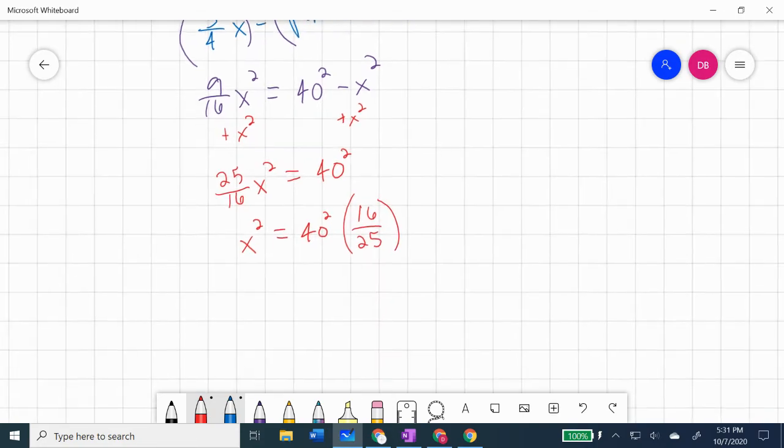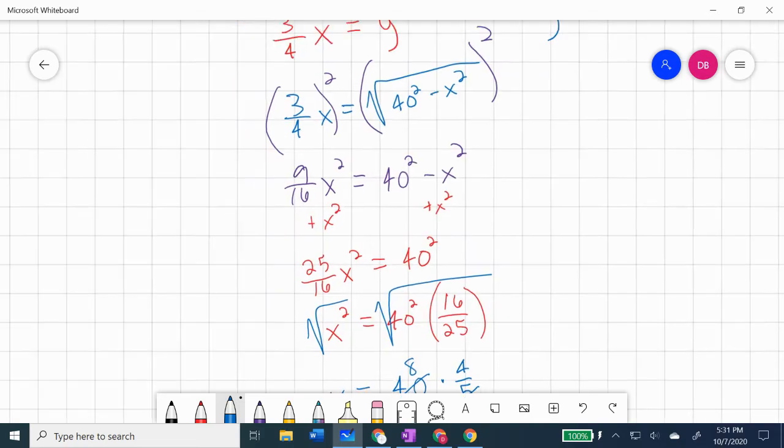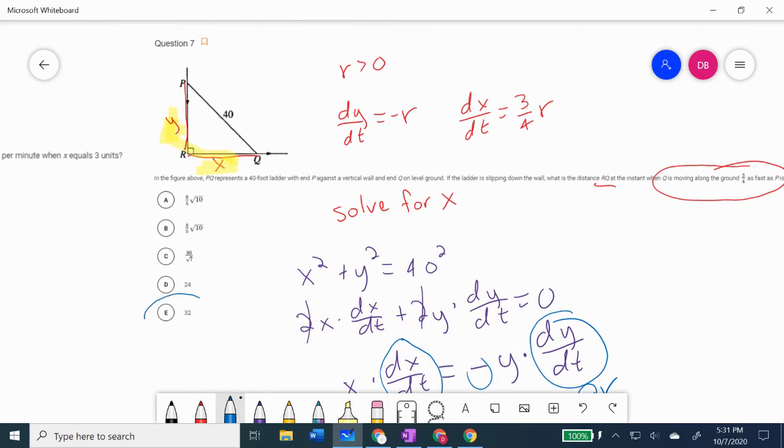And now that I take the square root, I'm very glad I left that as 40 squared. So x equals 40 times 4/5, which is then 8 times 4, which is 32. Oh my goodness, I think we've got an answer, 32.